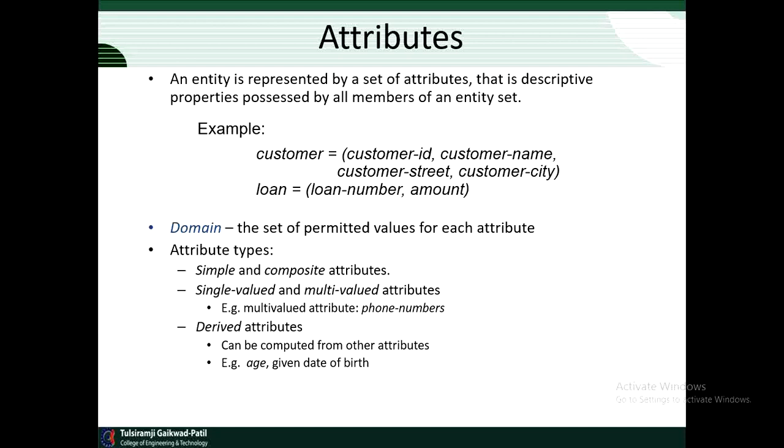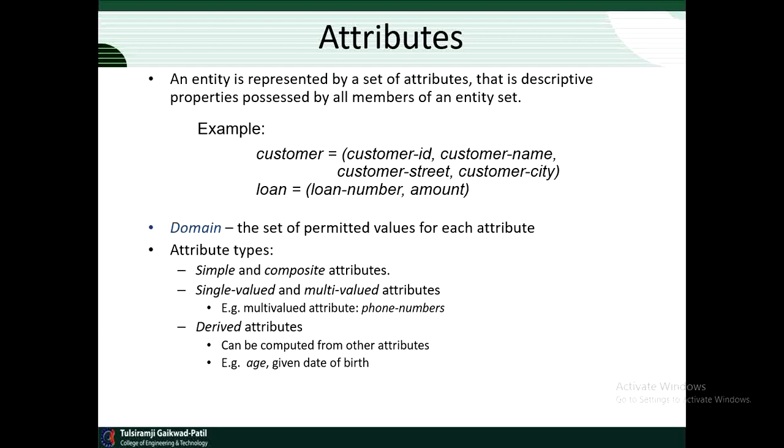The attributes describe the entity. So all the members of an entity set are described by means of the attributes. By using the attributes we can say that this entity belongs to such and such type of entity. So attributes will describe an entity set.